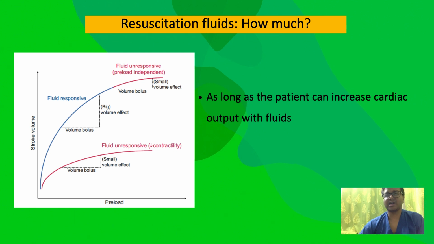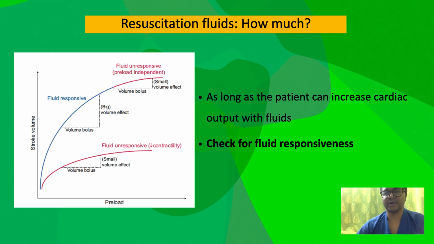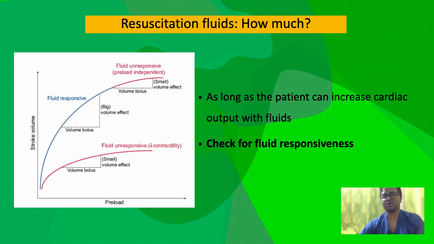So when we are talking about fluid responsiveness, we are actually talking about the response of the cardiac output to our fluids. In other words, when we are giving fluids, our cardiac output is increasing, and this is what we check in fluid responsiveness: whether we are able to increase our cardiac output when we are giving resuscitation fluids to our patient or not.